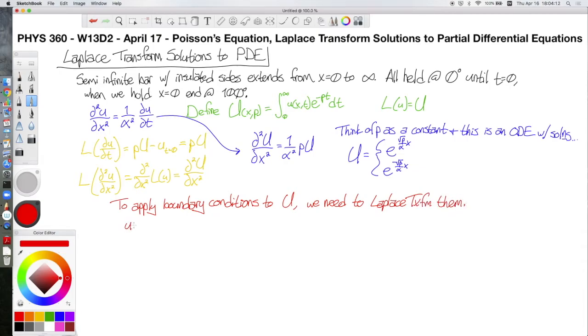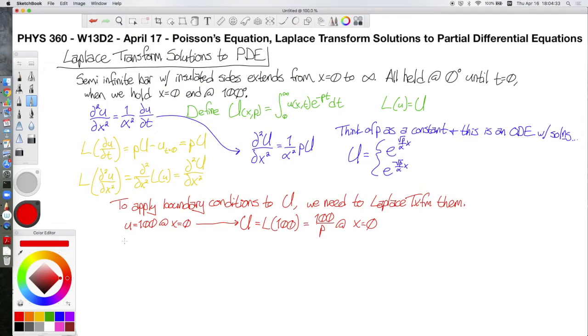So the boundary condition that little u equals 100 at x equals 0 will become big U equals the Laplace transform of 100, which is equal to 100 over p at x equals 0.